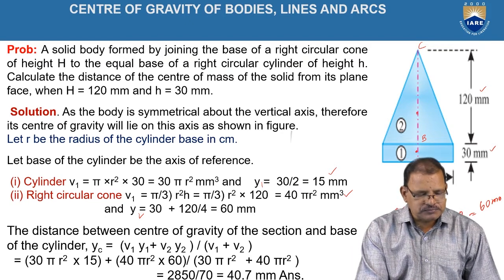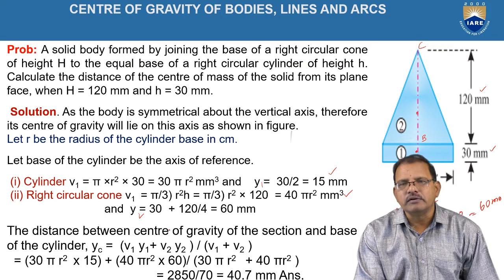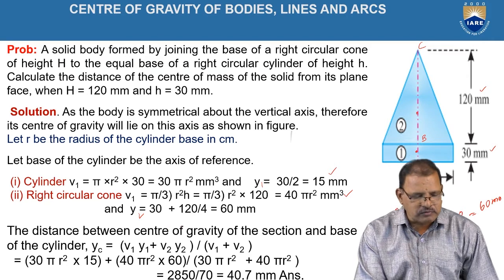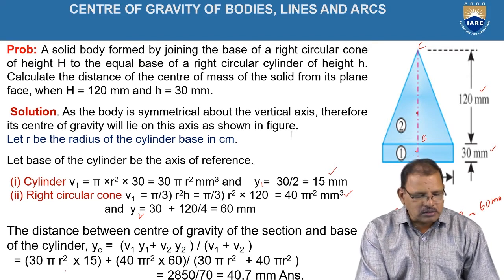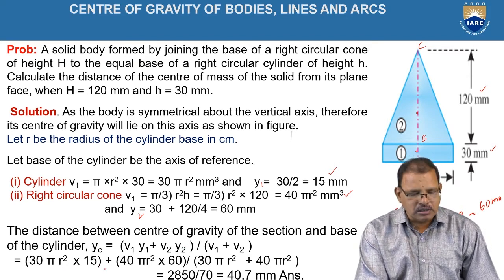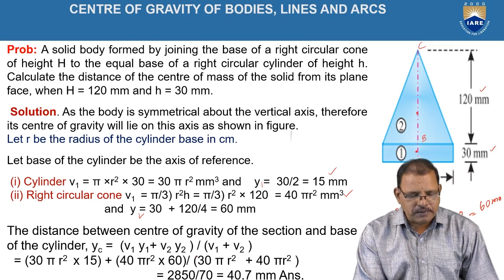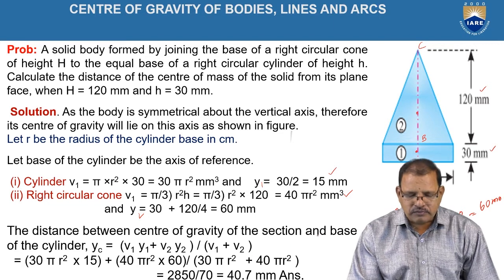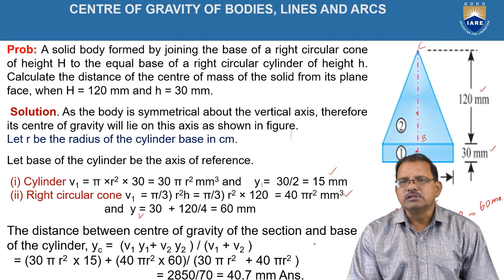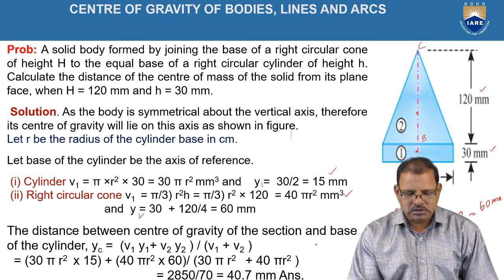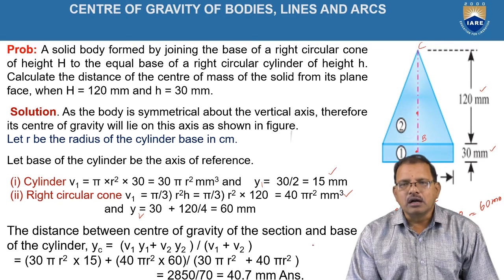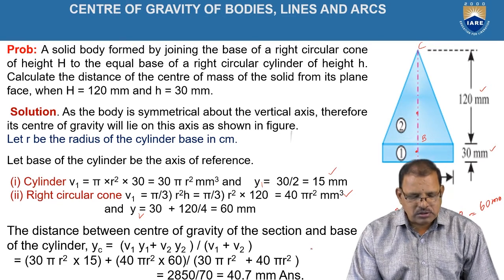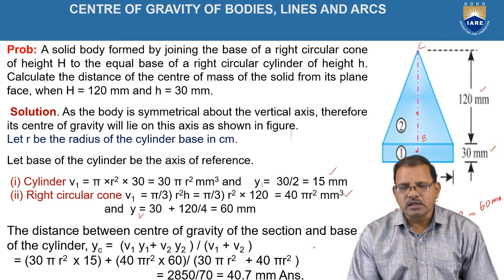Substituting the values, we get 30 pi r square into 15 plus 40 pi r square into 60, divided by 30 pi r square plus 40 pi r square. Since pi r square is common, on doing the remaining calculations, we get 2850 divided by 70, which is equal to 40.7 mm.